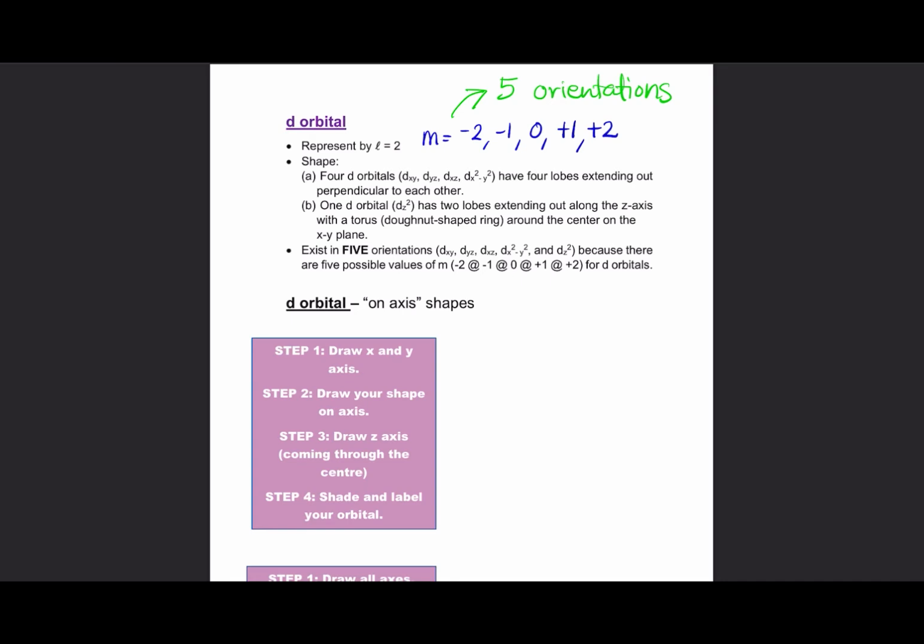So, for the shape of d orbitals, kita tahu dia dalam bentuk cloverleaf. So, cloverleaf kita divide kepada dua bahagian. Bahagian yang pertama, we got 4 of them, ada 4 loops. It means that, as usual, 4 loops like this.